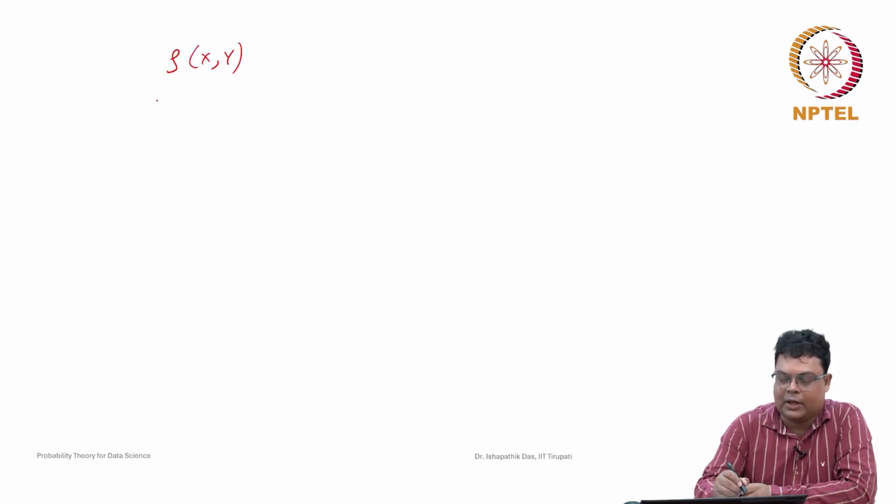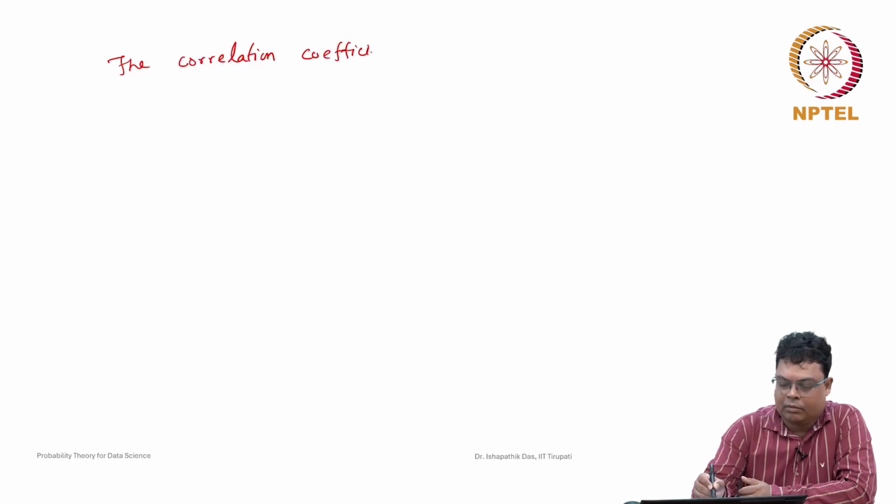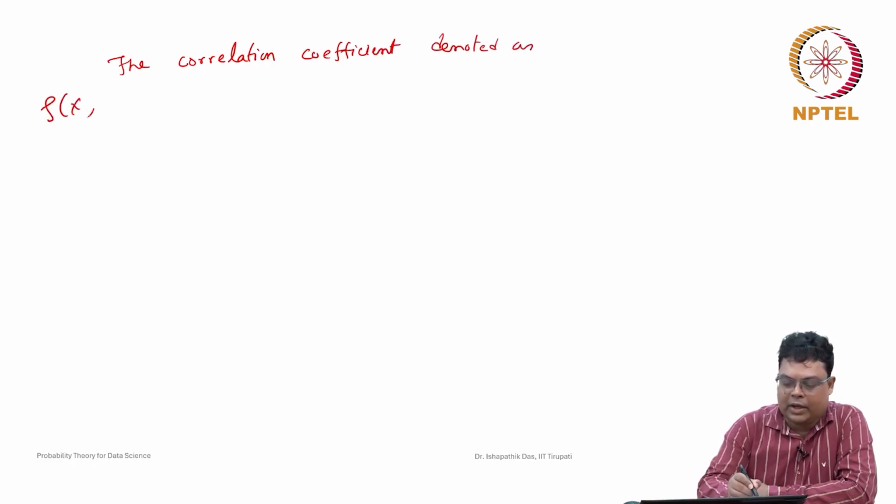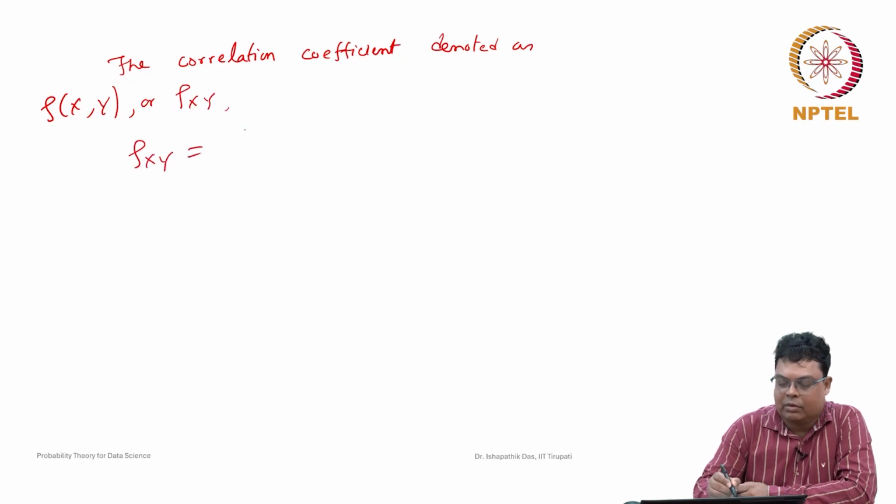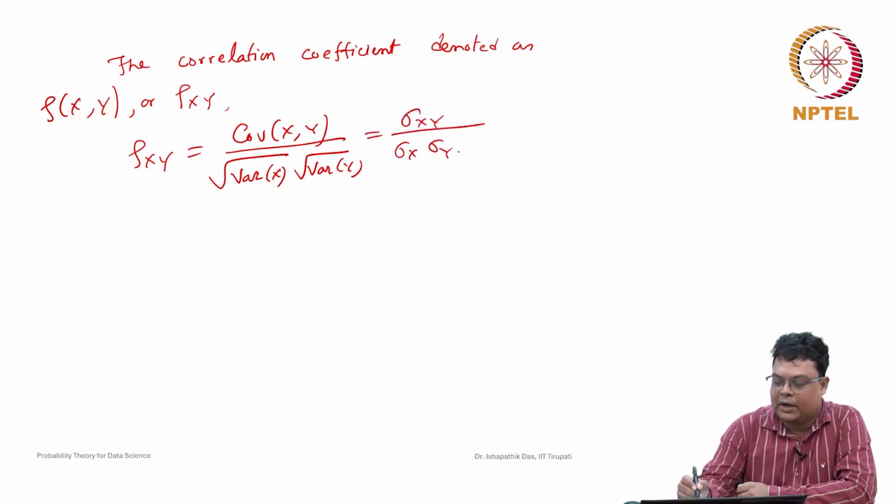Now it can be shown, by the Cauchy-Schwarz inequality, that the correlation coefficient rho_xy, defined as rho_xy equal to the covariance of xy divided by the square root of the variance of x times the square root of the variance of y, is always less than or equal to 1 and greater than or equal to minus 1.